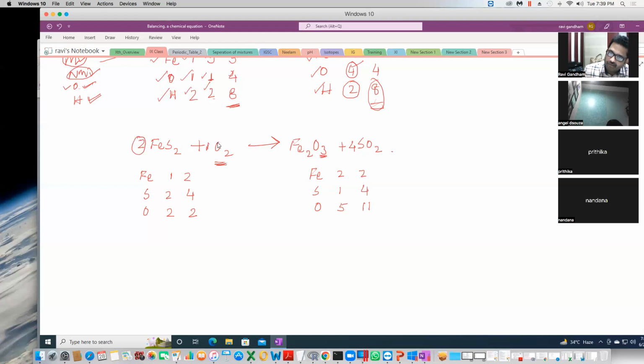Clear, Nandana? Yes, I got it. So here, if nothing is written, the coefficient is 1. And if you add a coefficient here, it is for that particular compound on the product side. It is for that compound on the reactant side. Should be very clear, right? Now we'll move ahead. Angel, now it's your turn.